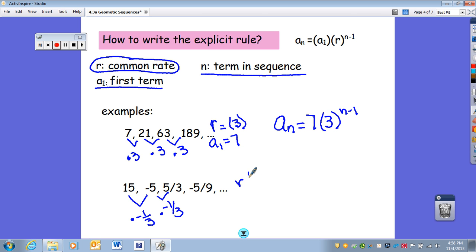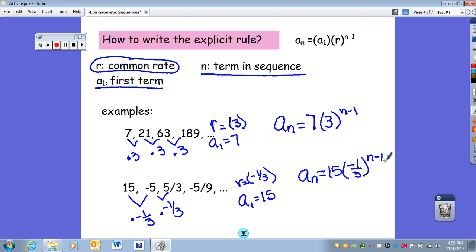So my rate is equal to negative 1/3, and my first term is 15. So my a sub n, the formula to calculate a term in my sequence, I start with my first term, a sub 1, which is 15. I'm going to multiply that times negative 1/3 to the n minus 1 power.